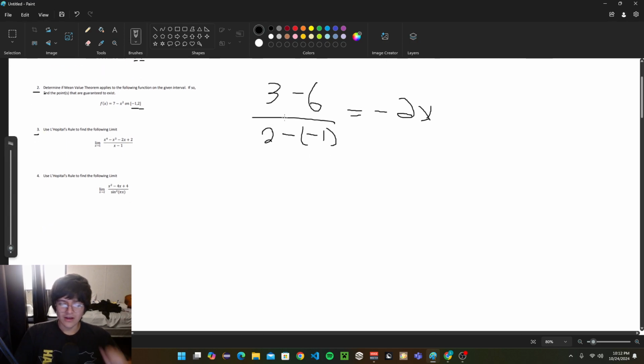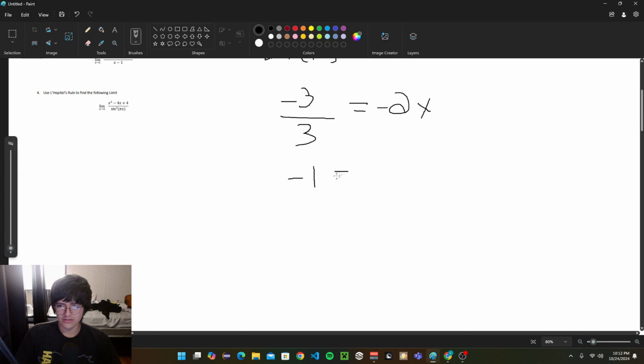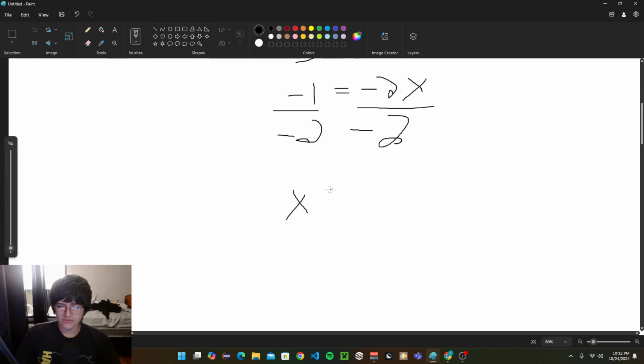So now 3 minus 6 gives us -3, and the denominator 2 minus -1 would give us just 3, and it's equal to -2x. So this is essentially -1 is equal to -2x, divided by -2 to get x by itself, leaving us with x equal to 1/2. And that is our answer.